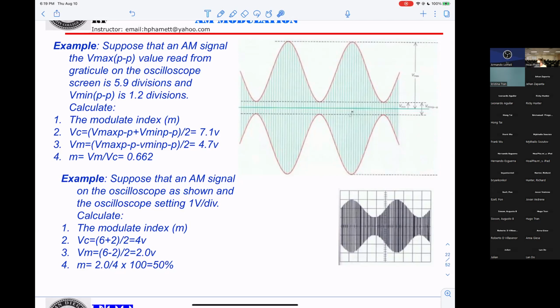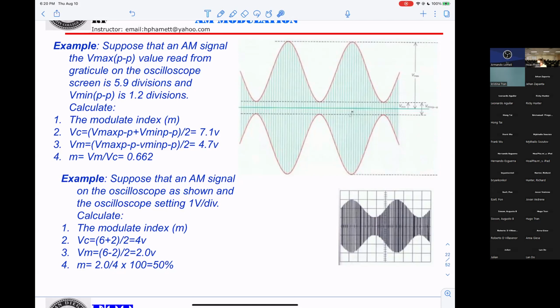VM equals V max minus V minimum divided by 2. Now you can count 1, 2, 3, 4, 5, 6. That's the maximum. The minimum will be 1, 2 volts. 6 minus 2 divided by 2.